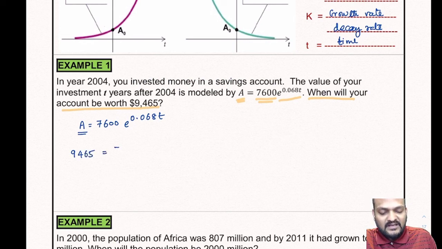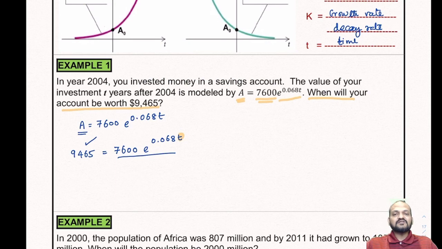Again, I don't know what t is, I don't know how long it's going to take, but I am going to use the logarithmic or exponential functions to solve that. I know the amount I'm looking for, and this is the model that is given to me. So the only unknown in this equation is t, and my goal is to figure out that t. So how do we do that?